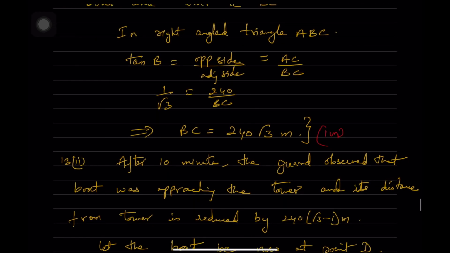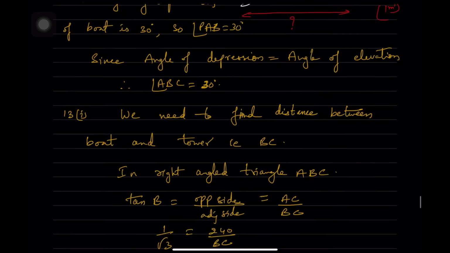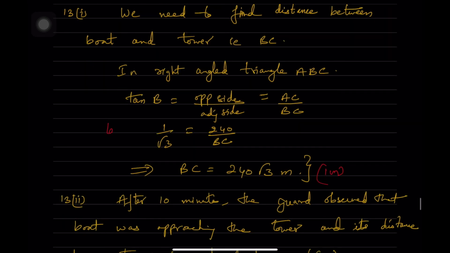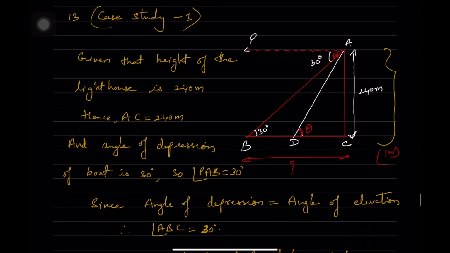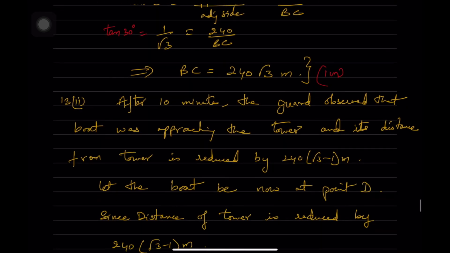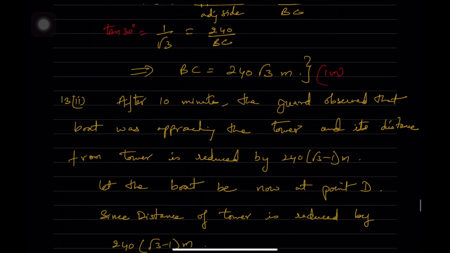So tan 30 is equal to 1 by root 3, which is 240 by BC, which implies that BC is equal to 240 root 3 meters. For this you get 1 mark.